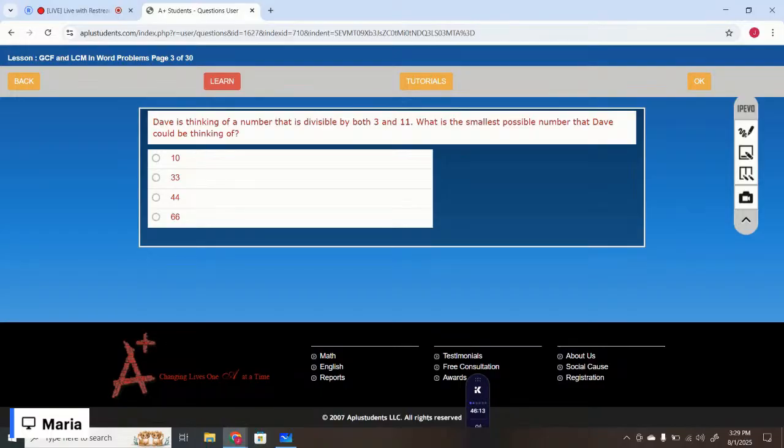What is the smallest number that Devi could be thinking of? 33.